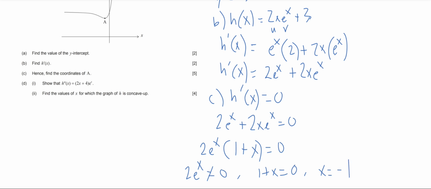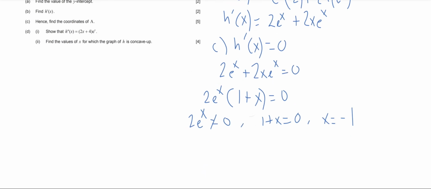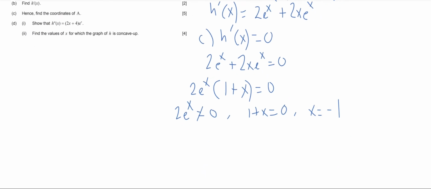So we've found the x-coordinate of point A, and to find the corresponding y-coordinate, you need to substitute minus 1 into h(x) equals 2x e^x + 3. So y equals 2x e^x + 3.